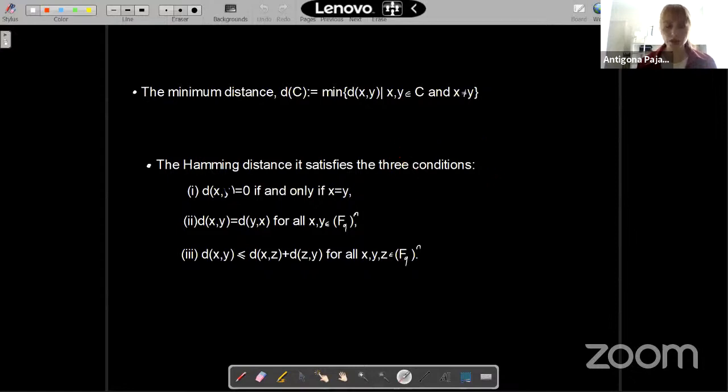The first one: the distance between two code words is 0 if and only if those code words are equal to each other. The second one: the Hamming distance has the symmetric property, so it means that the distance between x and y is equal to the distance between y and x, where both x and y are code words. And it satisfies the triangle inequality.